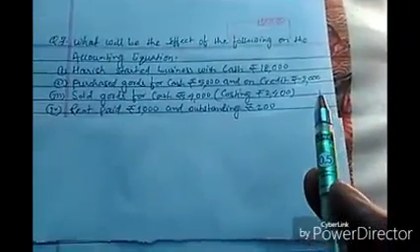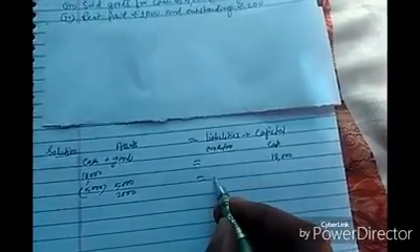He also purchased goods on credit for 2,000, so 2,000 goods will increase, and on the liability side the creditors will increase because he purchased on credit basis. So right here 2,000 creditors, it will be paid later.